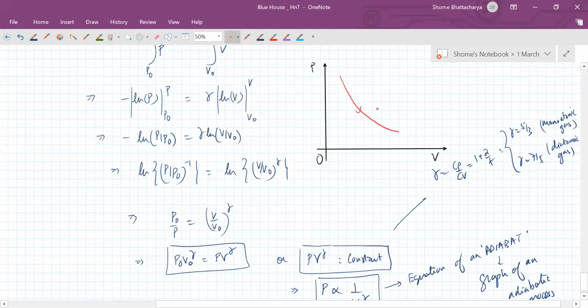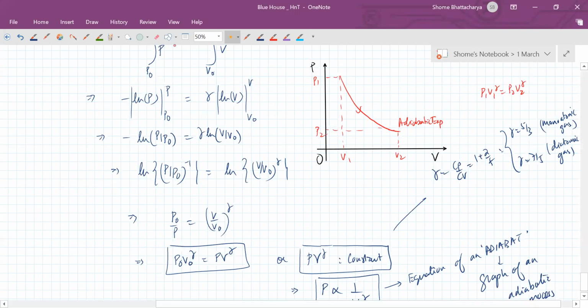This is an adiabatic expansion from some volume V1 to V2, pressure P1 to pressure P2. So P1 V1 to the power gamma is P2 V2 to the power gamma.